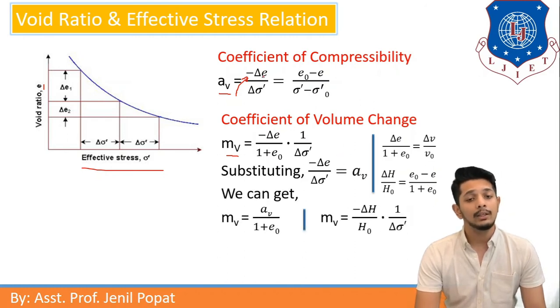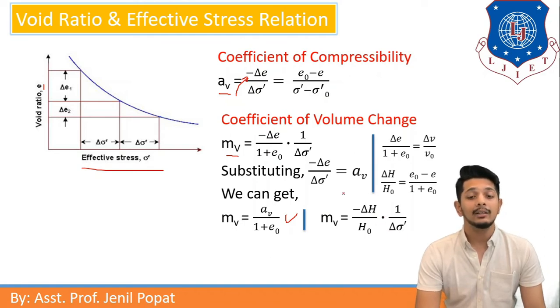Now we already know the coefficient of compressibility, av, is equal to minus delta e upon delta sigma dash. So substituting this as av here, mv can be av upon 1 plus e0. Also mv can be written as minus delta H upon H0 into 1 upon delta sigma dash.